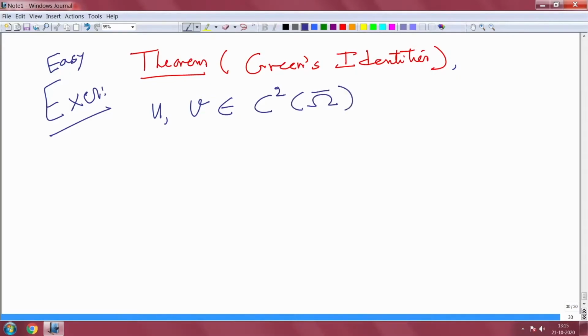We will be using this in plenty throughout this course, so it is better to learn it. One: the integral of the Laplacian of u, because this is the operator we are going to study, dx, is equal to the integral over the boundary of du by d nu ds.